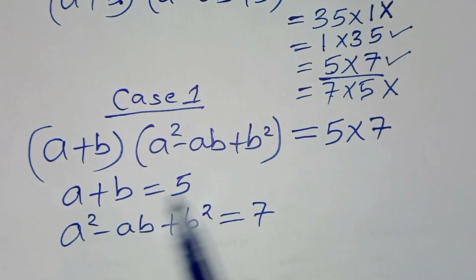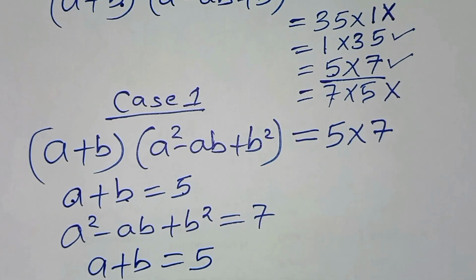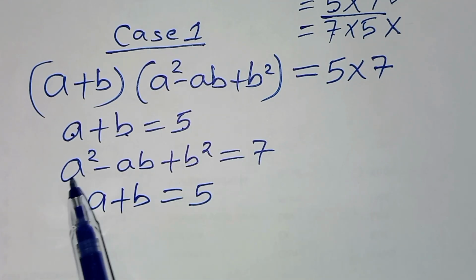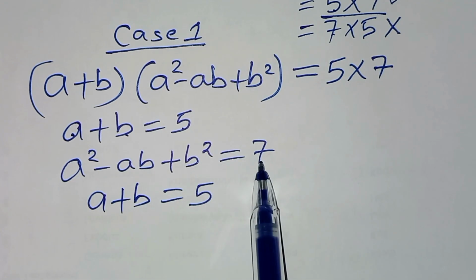So from what we have here, a plus b equal to 5. Now we need to form this system with a squared minus ab plus b squared equal to 7.